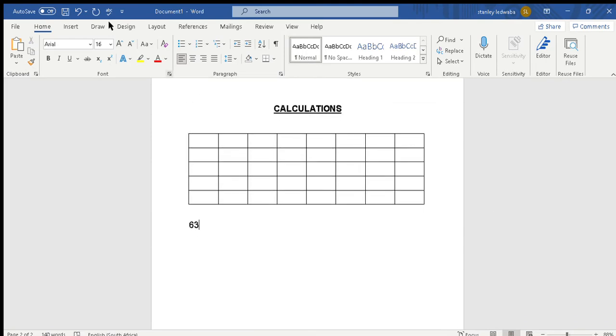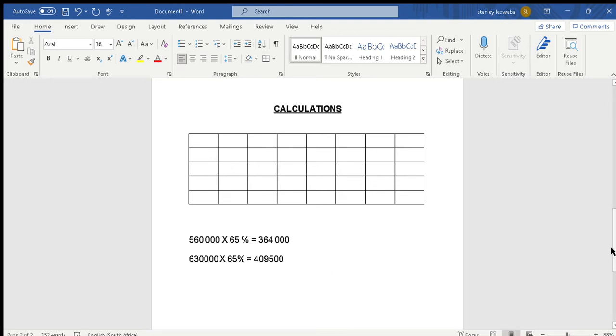I'm sorry for that, it's acting up right now. 630,000 multiplied by 65%, which will give us how much? 630,000 multiplied by 65 gives us 409,500.